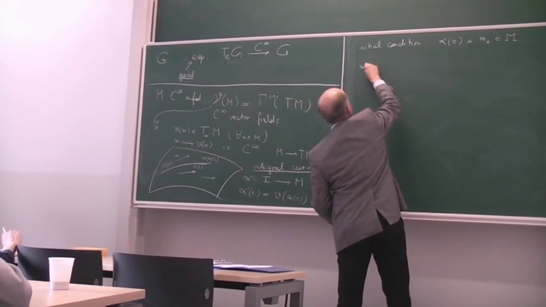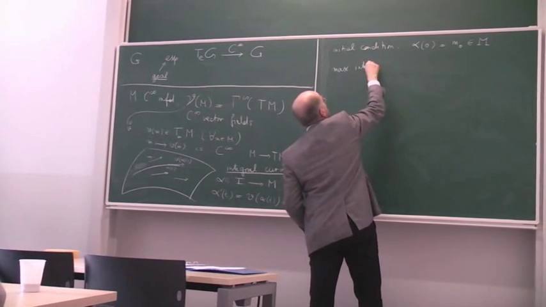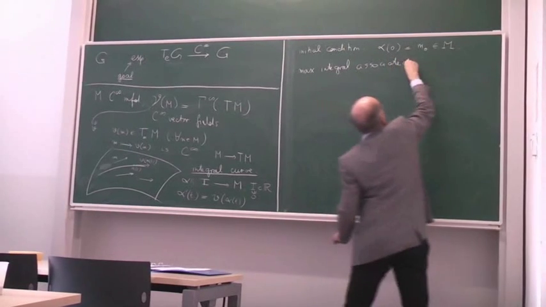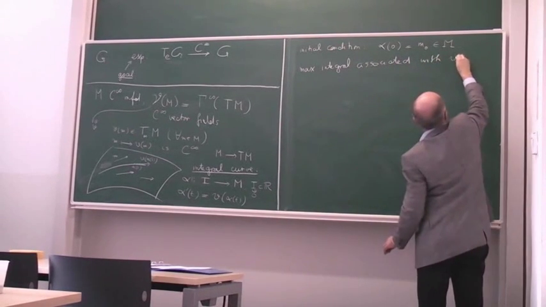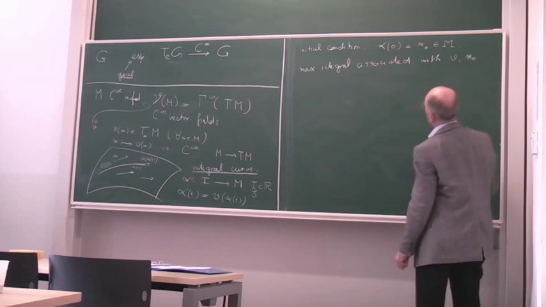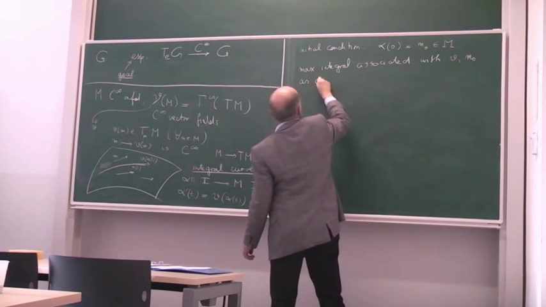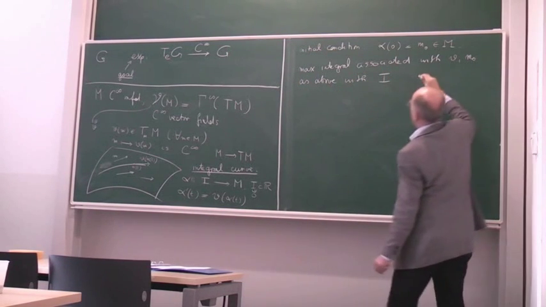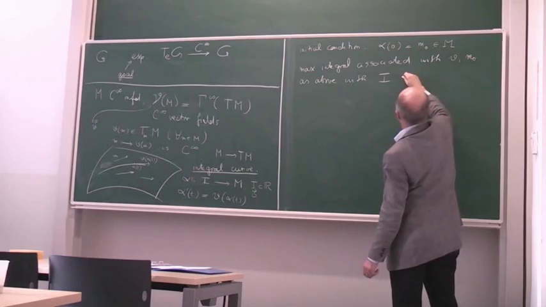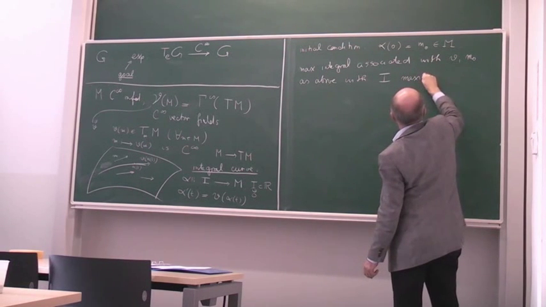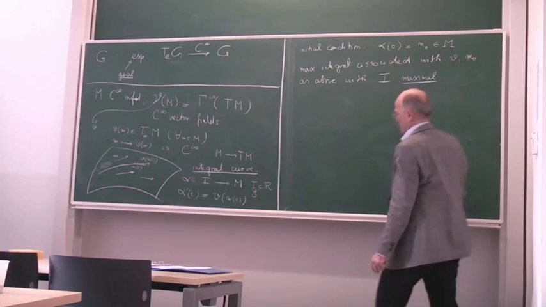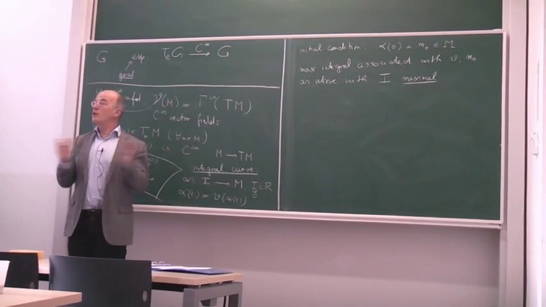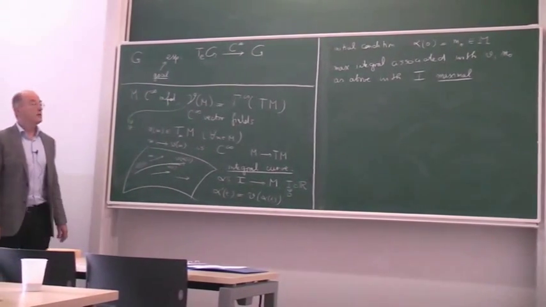So the maximal integral curve associated with the vector field v and the initial condition m0 is as above, with the interval of definition maximal. So in particular, this means that the integral curve cannot be extended beyond that given maximal interval.